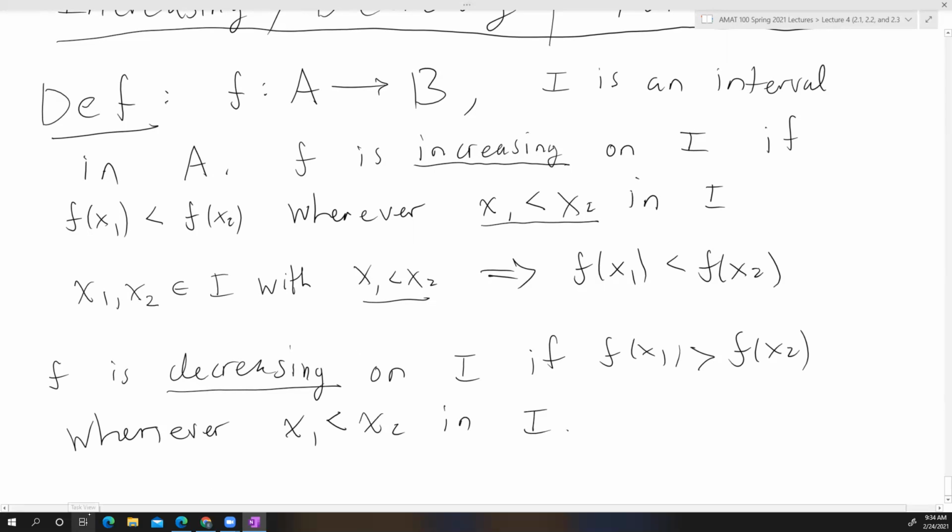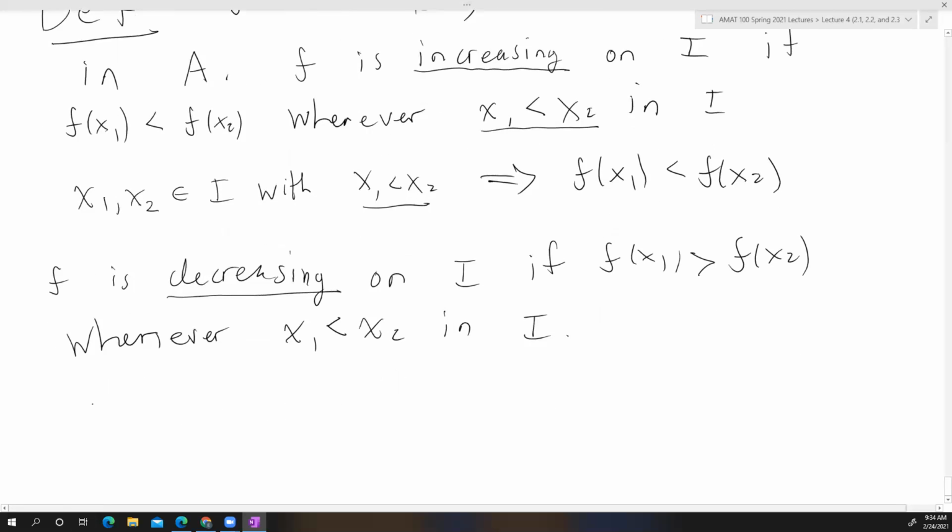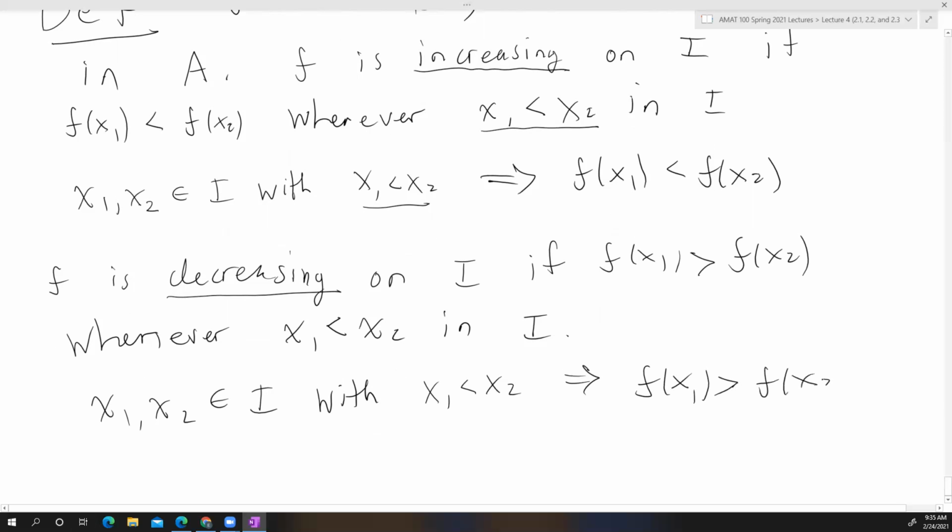And similarly, we can rephrase it more concisely as if you have points x1 and x2 in I with x1 less than x2, this implies that f of x1 is greater than f of x2. So in other words, when you apply f to this inequality, it reverses it.